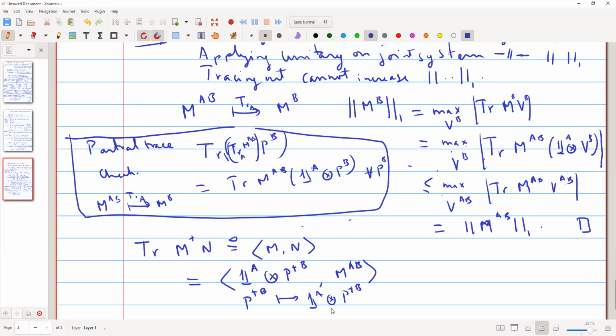This is an inner product on matrices, so this should have an adjoint. I should be able to write just P dagger B out here, and the adjoint of this, identity A tensor operator, I should be able to apply on MAB.